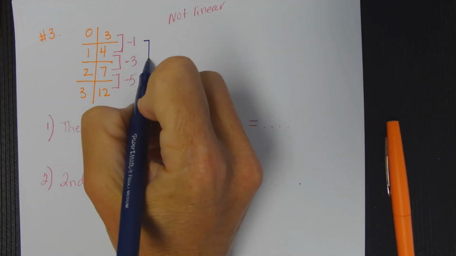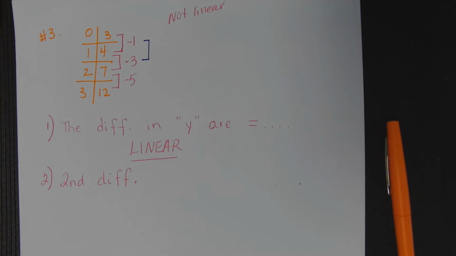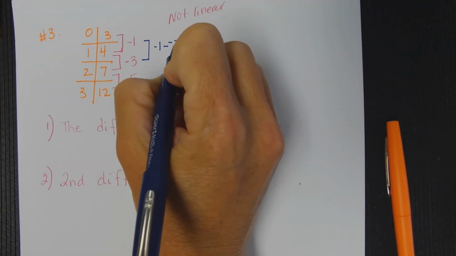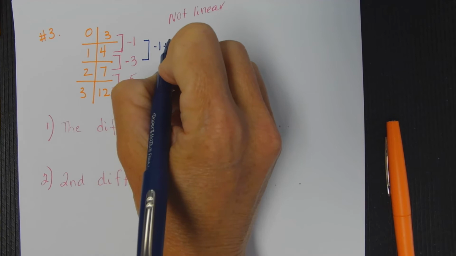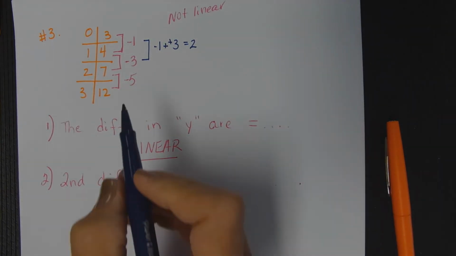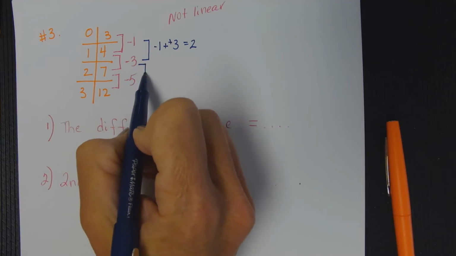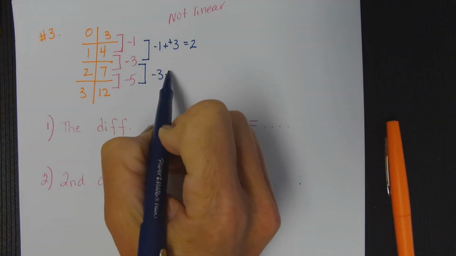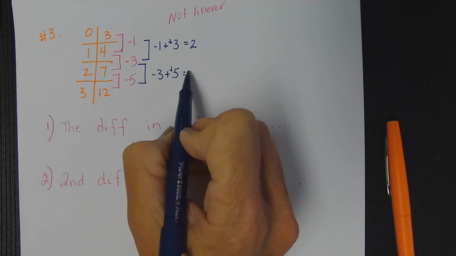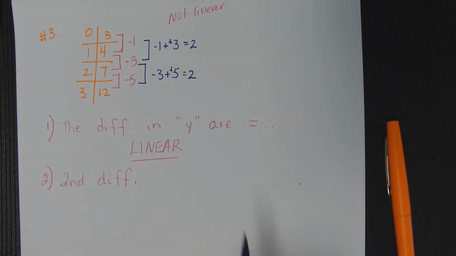So what is negative 1 minus negative 3? You got a double negative there. Let's write it down. Negative 1 minus negative 3. Add the opposite is positive 2. So let's do the other second difference. Negative 3 minus negative 5. Add the opposite, you also get 2.